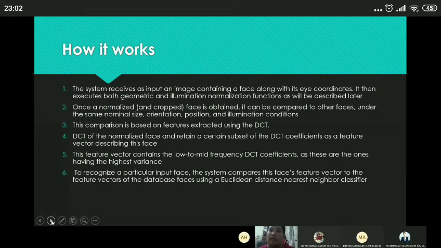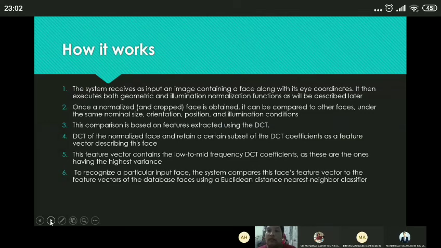Hello, my name is Muhammad Hakimi, and I will talk about how it works. The system receives an input image containing a face along with eye coordinates. Then it executes both geometry and illumination normalization functions as described later. Once a normalized and cropped face is obtained, it can be compared to other faces under the same nominal size, orientation, position and illumination condition. This comparison is based on features extracted using the DCT.